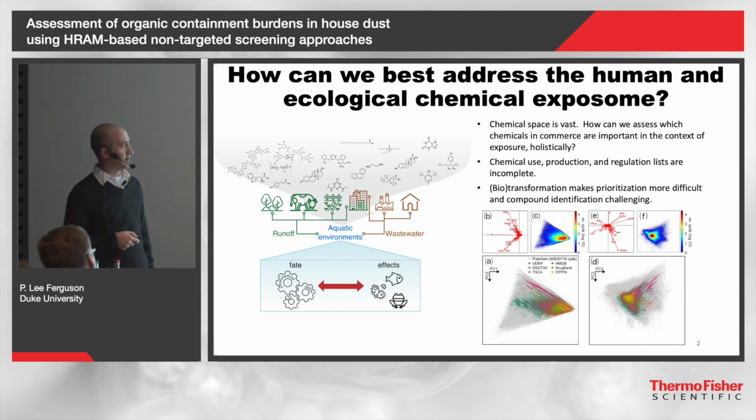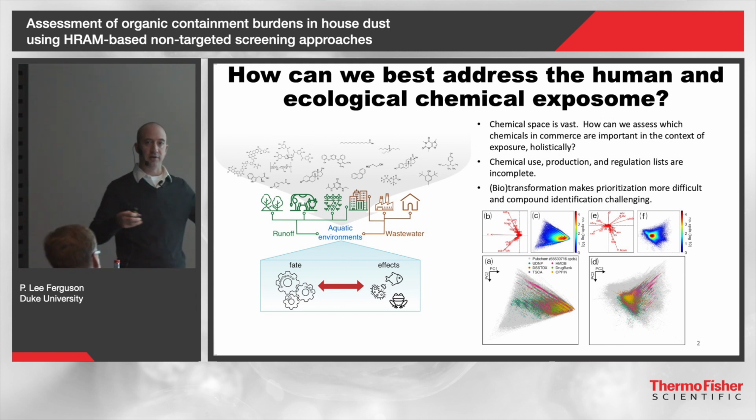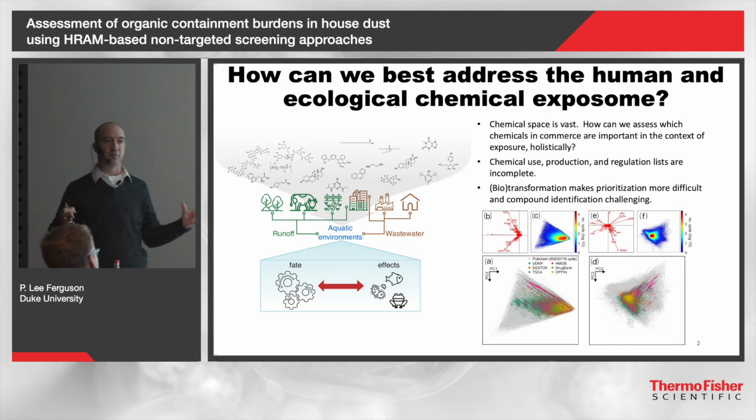This is a map of all of PubChem in the gray dots, in principal component space, illustrating chemical space as a function of molecular descriptors, and how different databases like the EPA's DSSTox, DrugBank, and HMDB map onto this. You can see that not all of these databases overlap the same chemical space, so we have some challenges related to this as well.